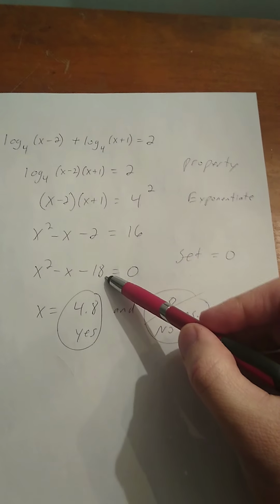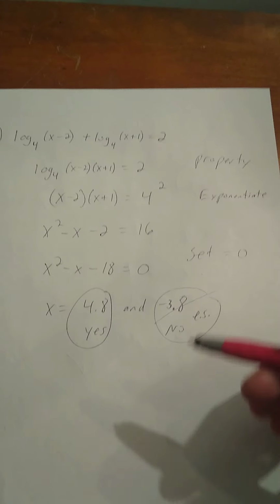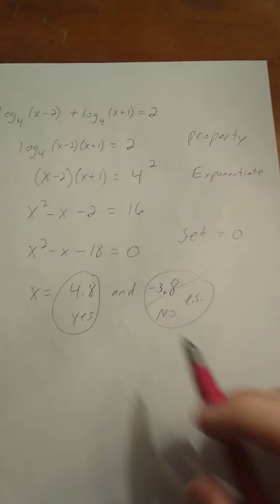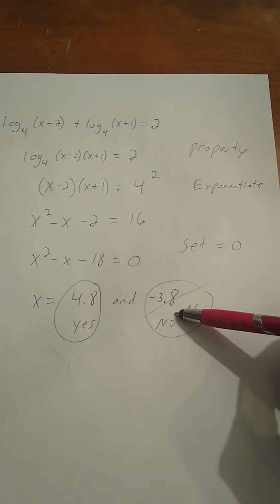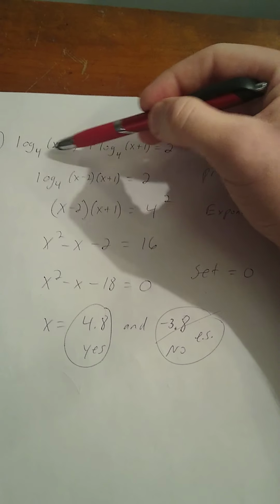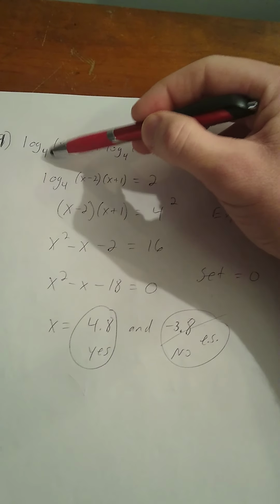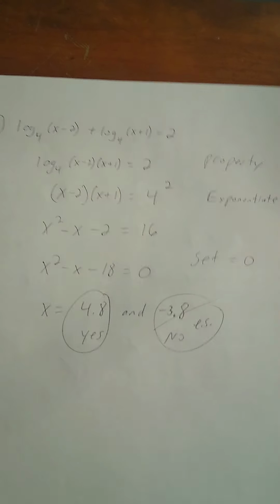And this is not factorable, so again, I'll use the quadratic formula or the Prism or an equation solver online to get the two answers, 4.8 and negative 3.8. Again, negative 3.8 minus 2 is going to be a negative inside a logarithm. Cannot take the logarithm of a negative, so this is going to be extraneous, and this is the only solution.